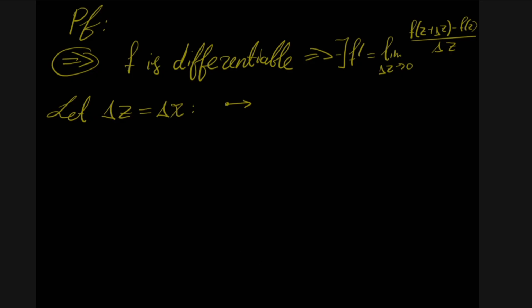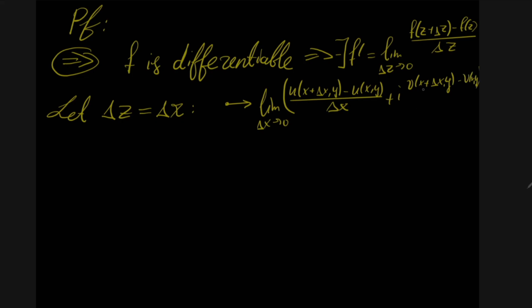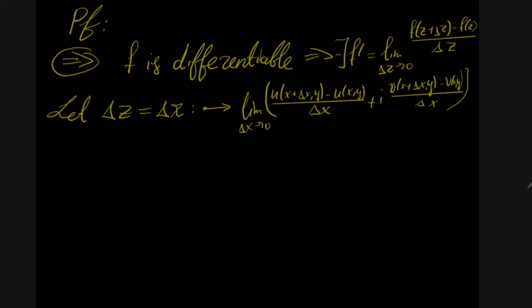And indeed, if we look at the u and v parts, then it is equivalent to the first part of our Cauchy-Riemann equations. So partial derivatives at the point x comma y here.